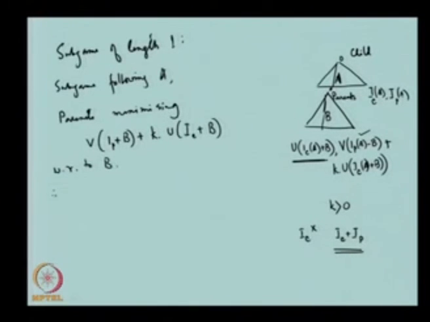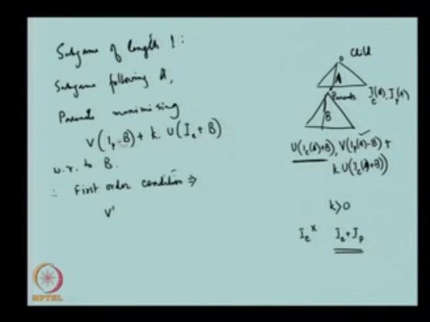So from the first order condition, we shall have V prime, sorry, this should be minus.